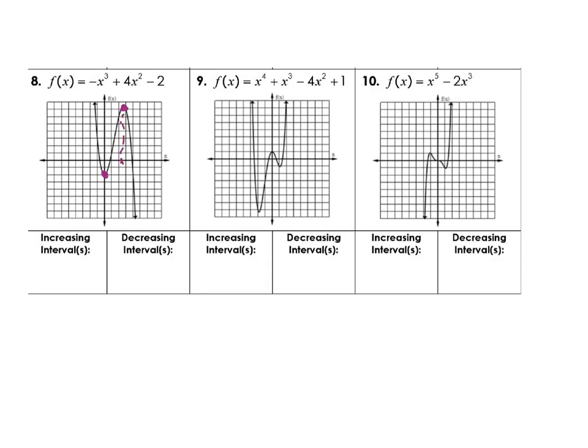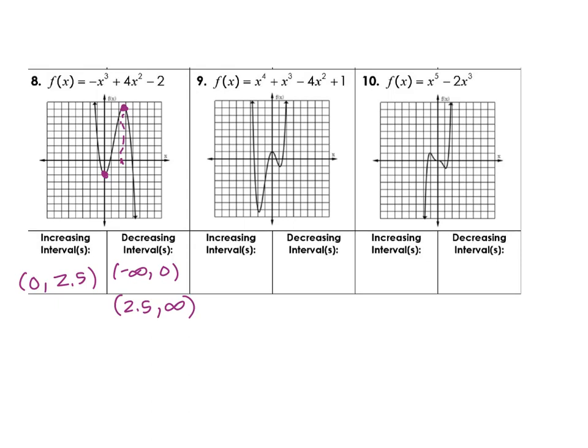So our increasing interval is going to be from 0 to maybe, let's say, 2.5. Decreasing is from negative infinity up to 0, and then we pick up on the other side of that 2.5 and go to positive infinity. It's okay if you put 2.4 or 2.6. Just make sure it looks reasonable for the area.